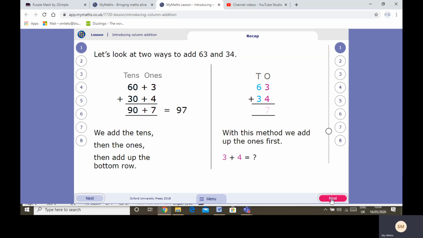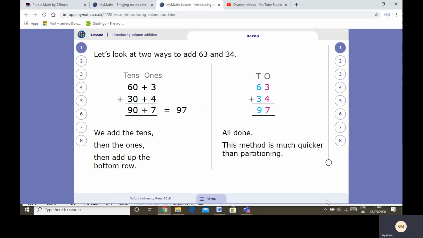So 3 plus 4, again, just like this one, would equal 7. 6 plus 3 would equal 9. And because it's in the tens column, we know it's not actually 9, it's 90. But we've only had to add the 6 and the 3, not the 60 and the 30. As long as you put it in the right column, it will represent the right number.